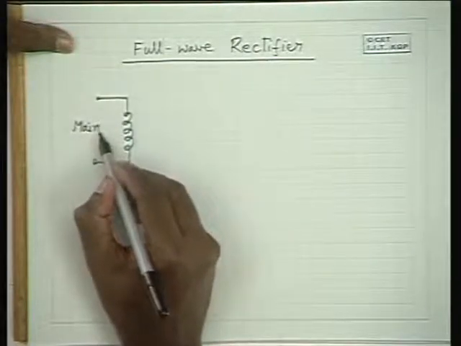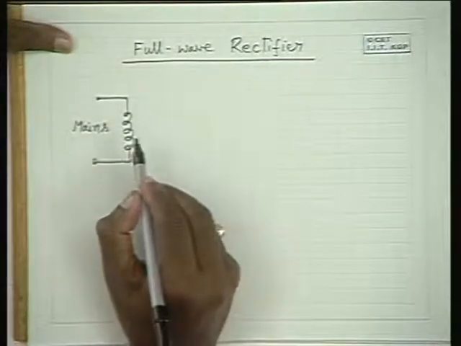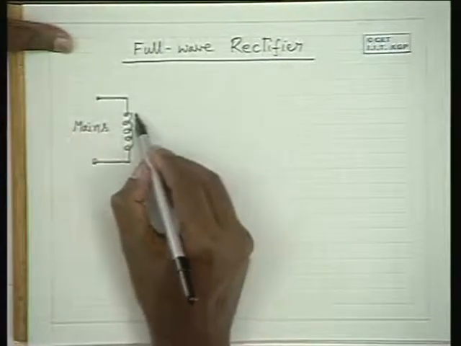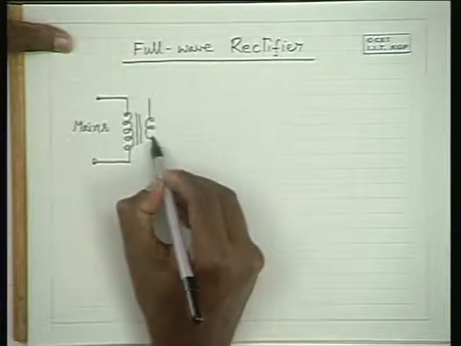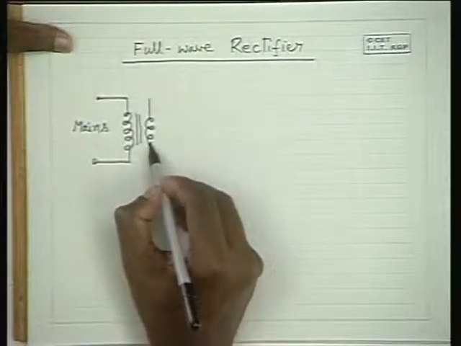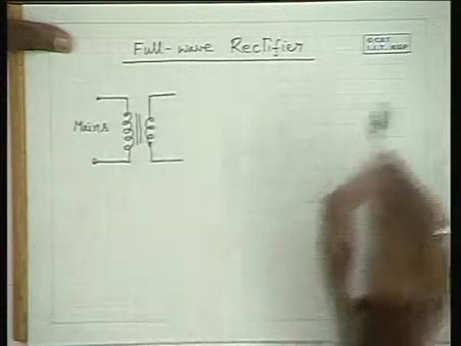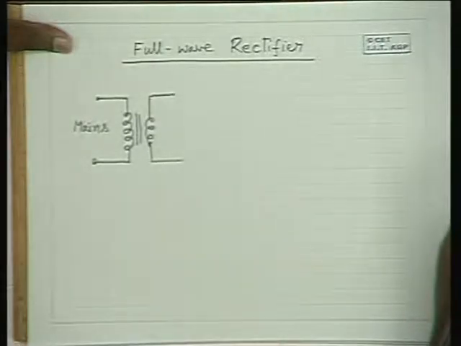We supply the primary input from the mains, which is typically 230 volts, and this is the transformer. For small voltage sources, we use a step-down transformer and take the small AC supply, rectify it and get the DC voltage which we want.